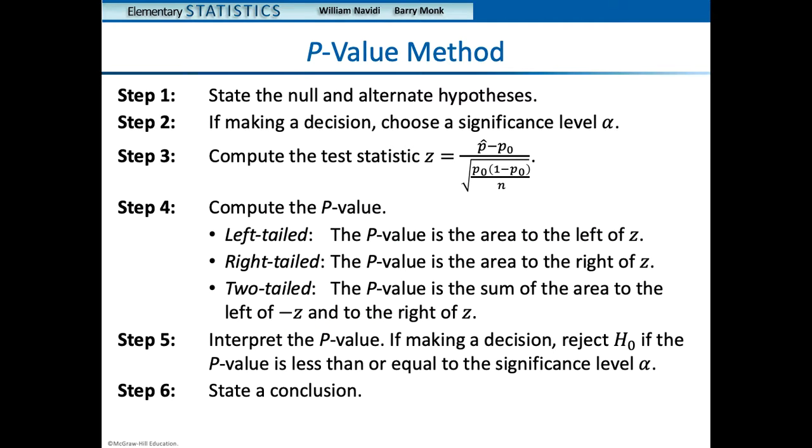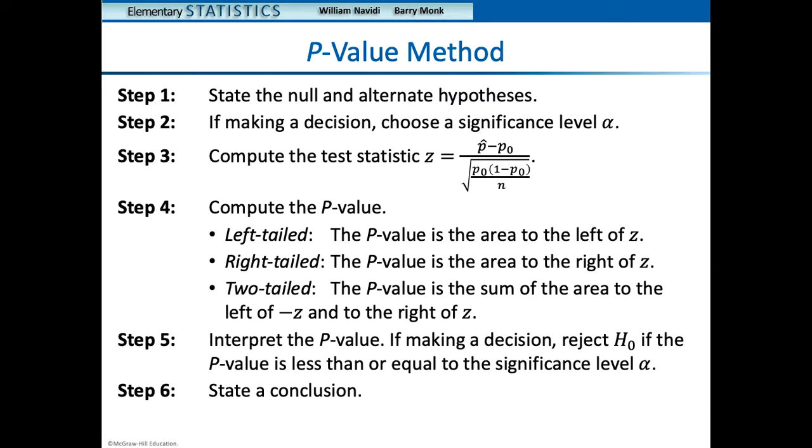So here's the step-by-step procedure for conducting a test, and as you can see, the basic steps look pretty similar to what they were when we looked at the hypothesis test for the mean. Step 1, state the null and alternate hypotheses. Step 2, if making a decision, choose the significance level alpha.